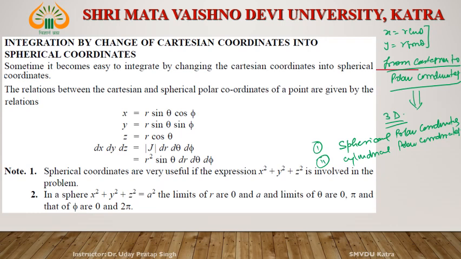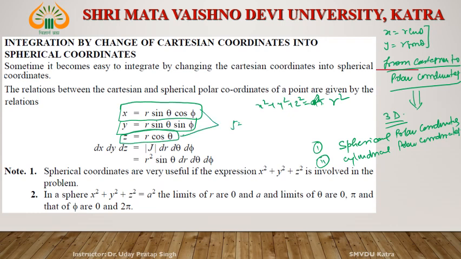So x squared plus y squared plus z squared equal to a squared, sorry, r squared. Then x is equal to r sin theta cos phi, y equal to r sin theta sin phi, and z equal to r cos theta. Now find the Jacobian of this.